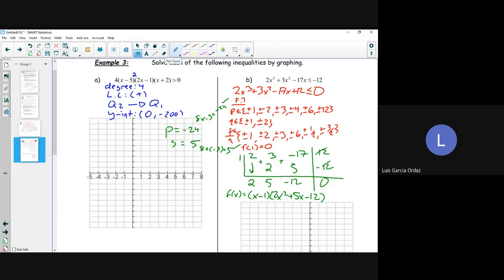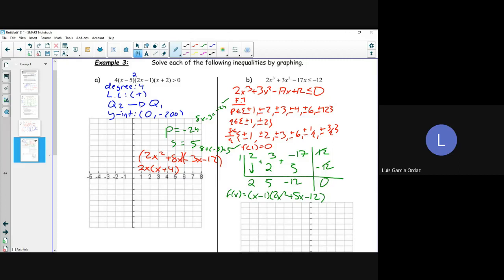So now we're just going to factor by grouping. We have 2x squared plus 8x minus 3x minus 12. What's the common factor between 2x squared and 8x? 2x. So we're left with x plus 4. And what is the common factor between negative 3x and negative 12?